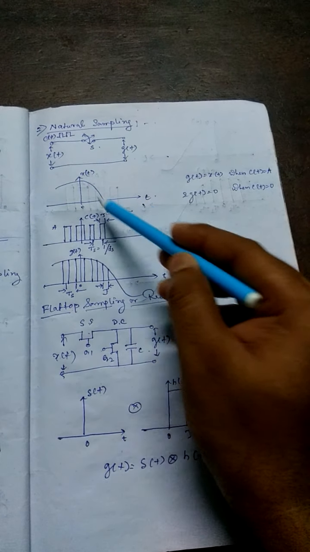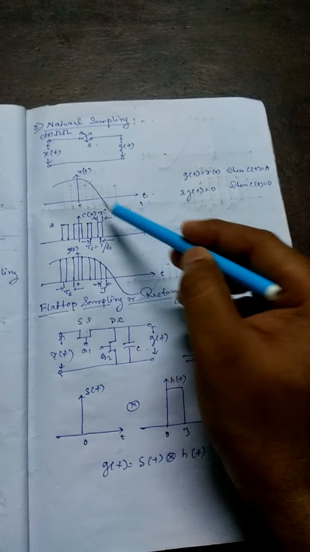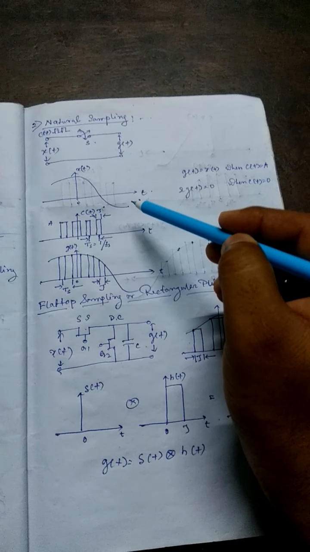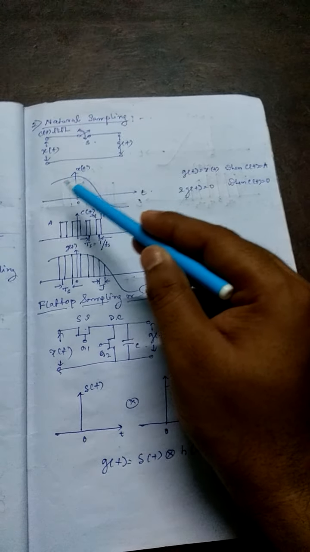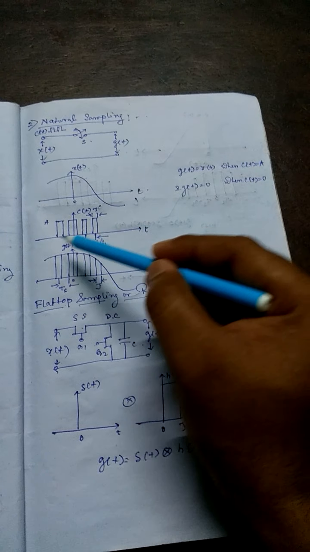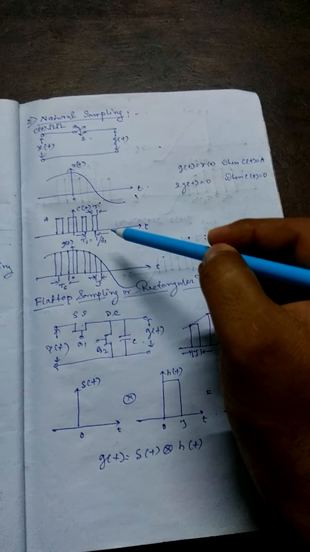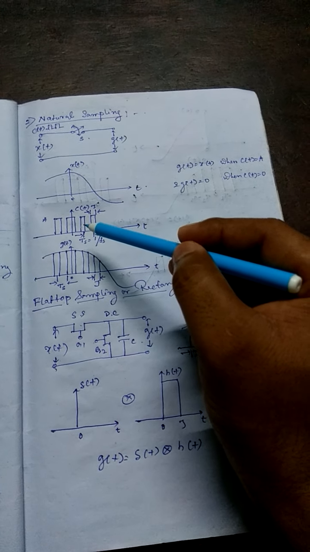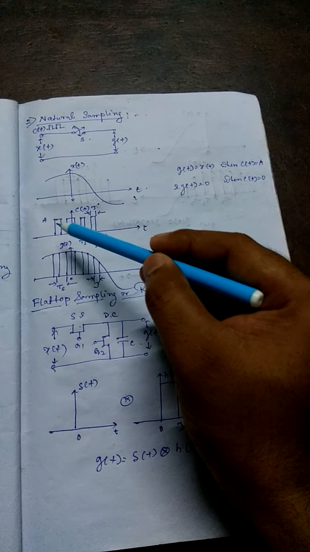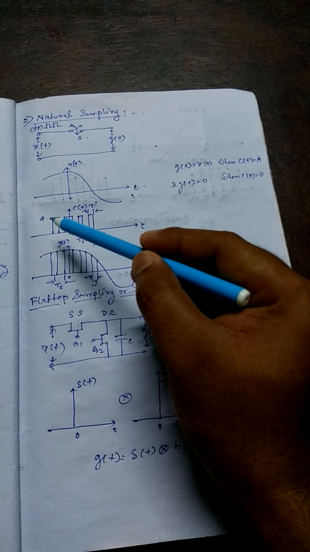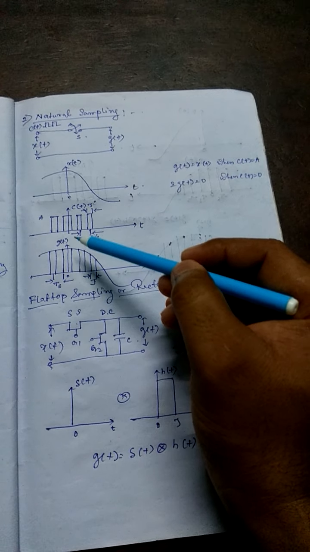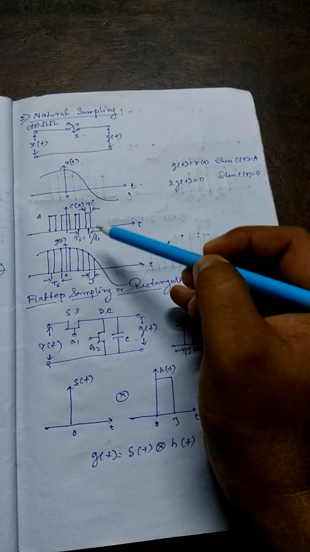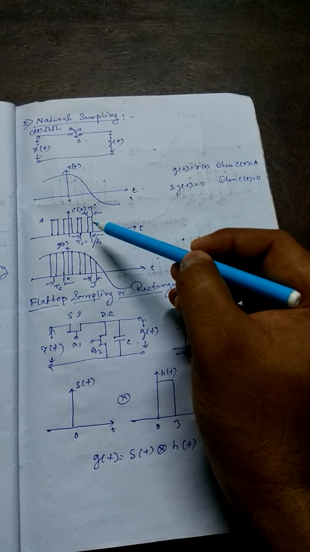So this is the continuous time signal, and that is the c(t) signal. That c(t) is called the pulse here. Now we assume the amplitude of that pulse is A. This is the pulse width, called tau.